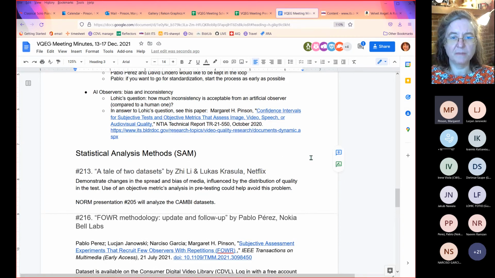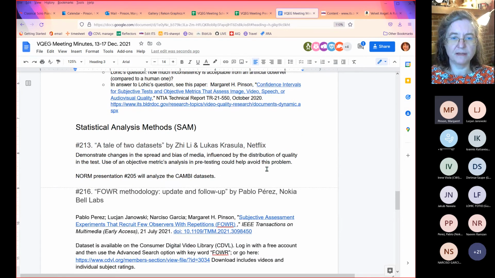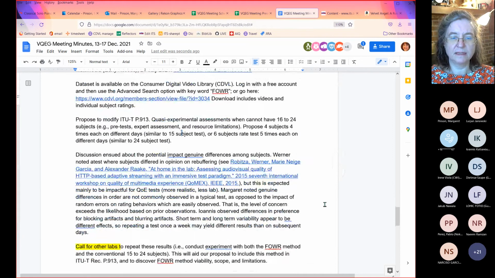On SAM, the tale of 2 data sets. There is the link to the paper describing the method and the link to the data set. And here I tried to capture some of the discussions we had.